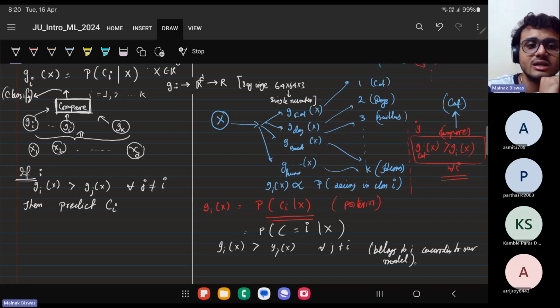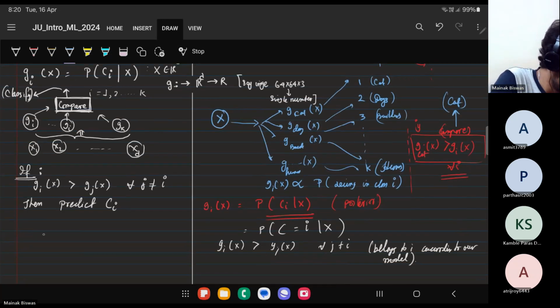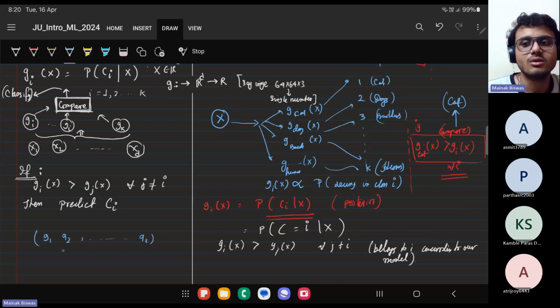What is the model here? The model is g of x: g1 through gk. All these are the functions in the model, and finally they give me numbers to take decisions. If it is clear to everyone, can I proceed and show you how to do this?